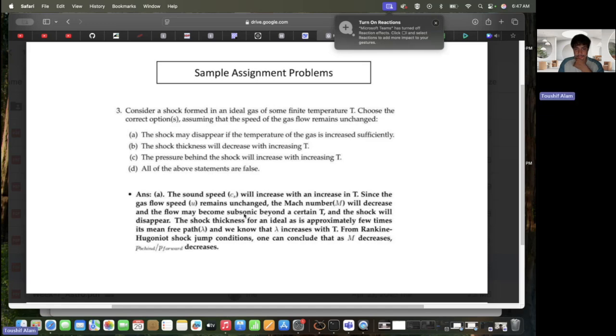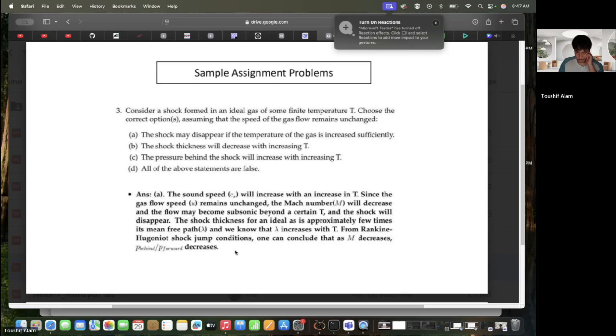The shock will disappear. The shock thickness for an ideal gas is approximately a few times its mean free path, and we know that lambda increases with T. From our Rankine-Hugoniot shock jump conditions, one can conclude that as M decreases, P behind by P forward decreases.